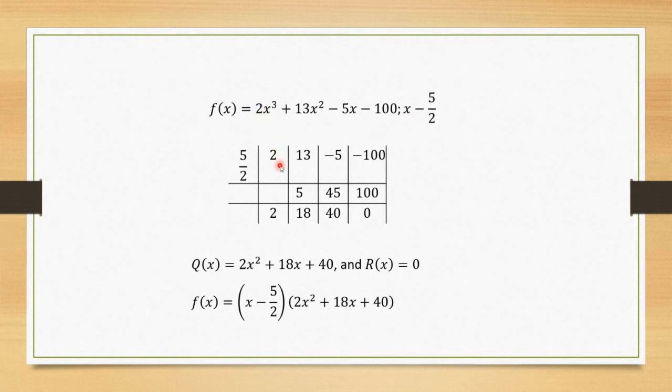So we have 2, 13, minus 5, minus 100. So again, the 2 comes down. 5/2 times 2, if you were to do that product, the 2's would cancel and you get 5. 13 plus 5 is 18.